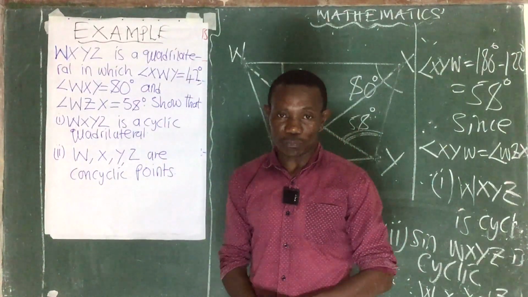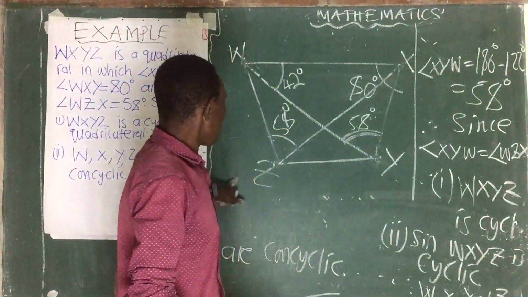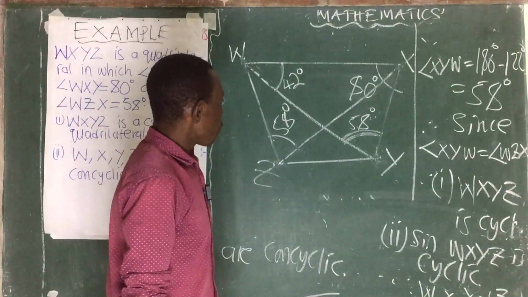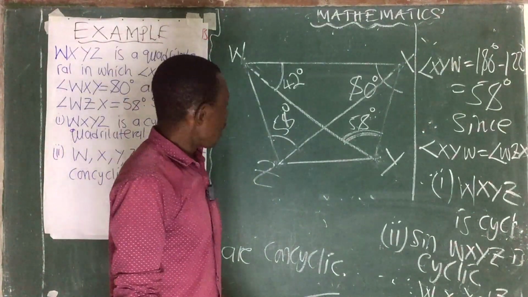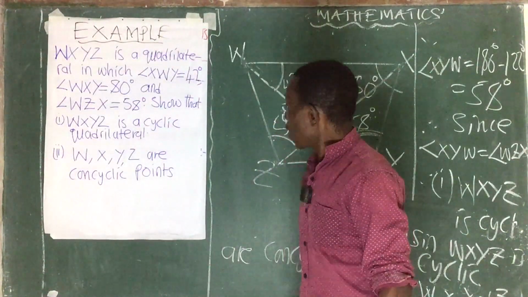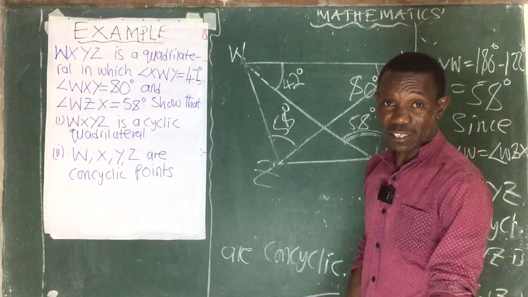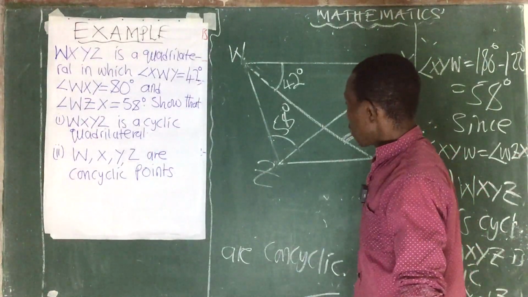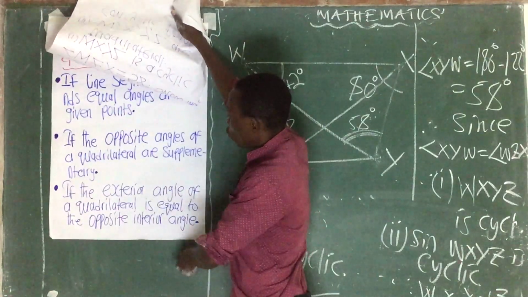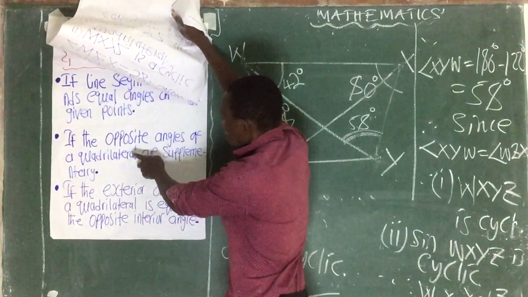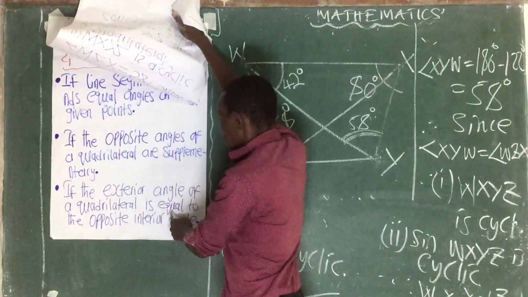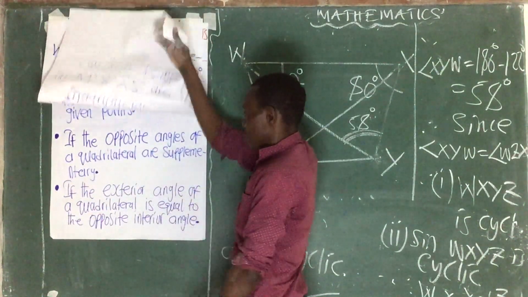So this is the way we do it. At this moment in time, we need to stop here. We're going to meet again in other videos where we discuss the types of questions we would expect with the other two conditions: if the opposite angles of the quadrilateral are supplementary, and if the exterior angle of the quadrilateral is equal to the opposite interior angle.